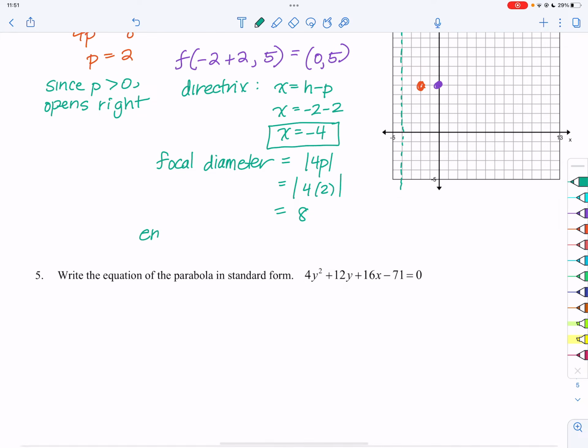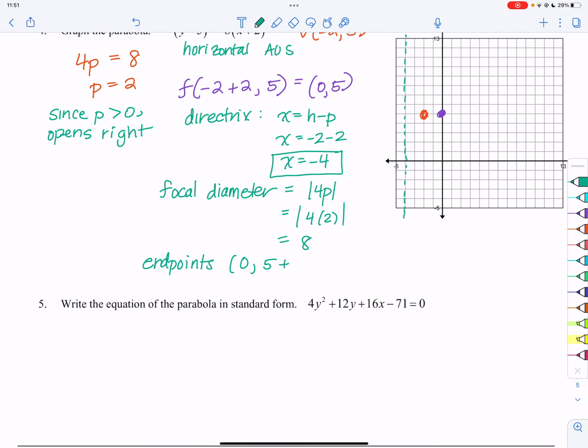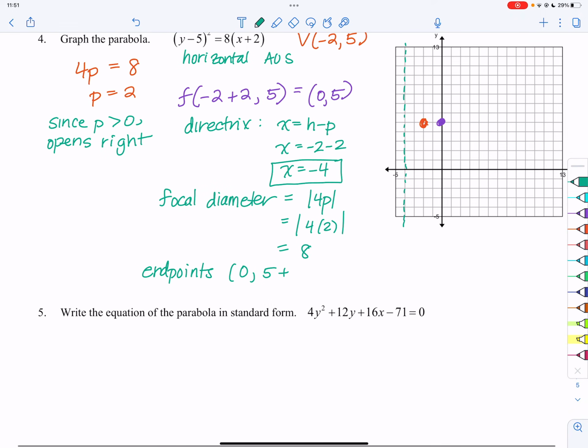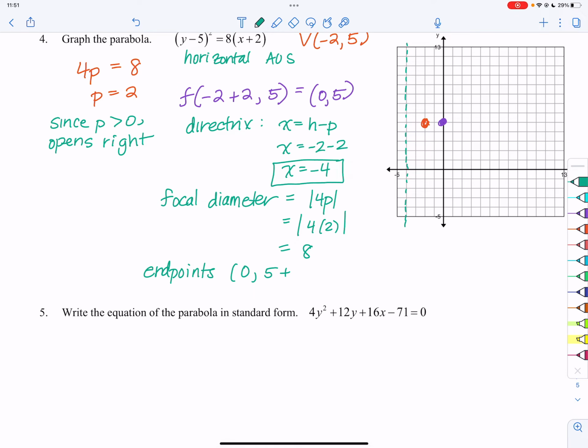Now let's look at our endpoints. So our endpoints are 0, and now we're going to add 4 to our y coordinate. And then we have 5 minus 4. And we'll subtract that.